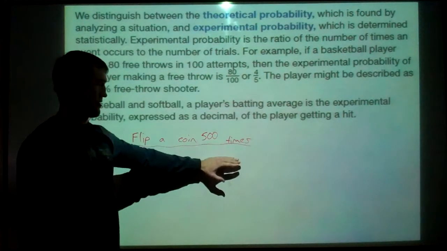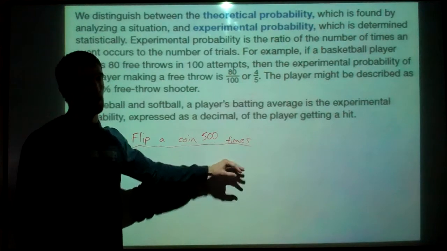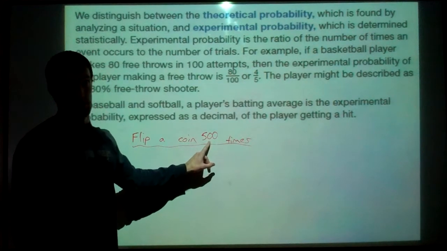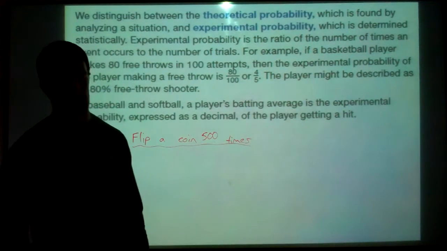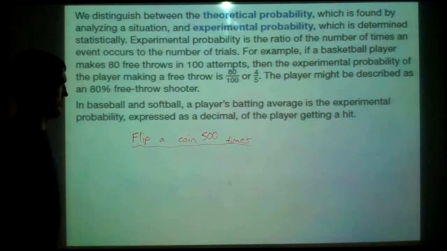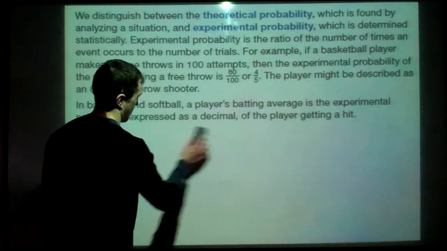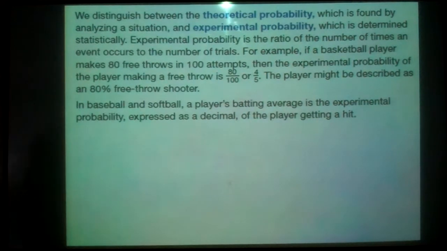So we would expect about 50% heads, 50% tails here. The more times you do a trial, the closer you get to that actual theoretical probability. And we'll be talking about that in the future. But that hopefully helps us cover the difference between the two.